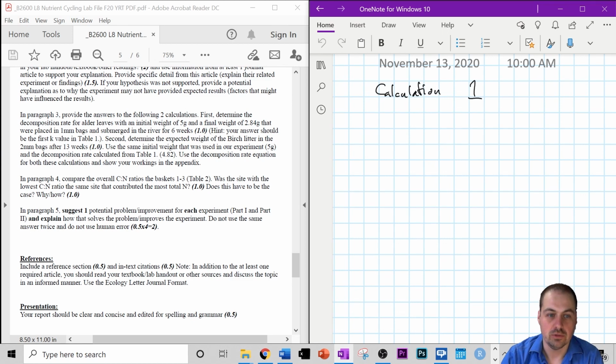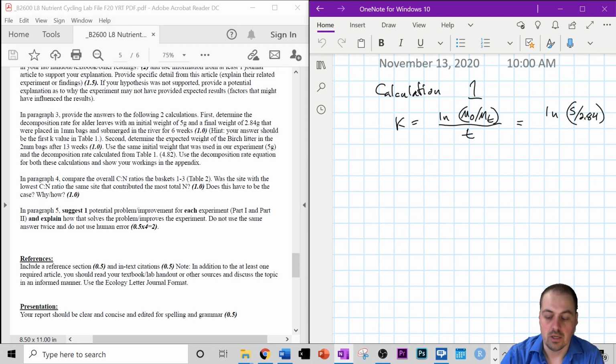You're just going to use your formula and plug in your values. So K equals ln of M0 divided by MT, over T. And you're just going to plug in your numbers. So equals 5 divided by 2.84. You're going to take the natural log of that. You're going to divide it by time.